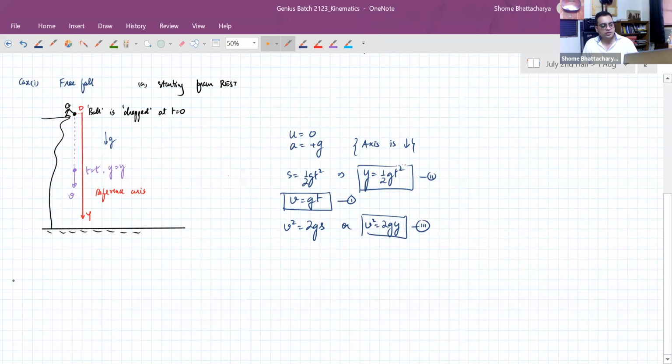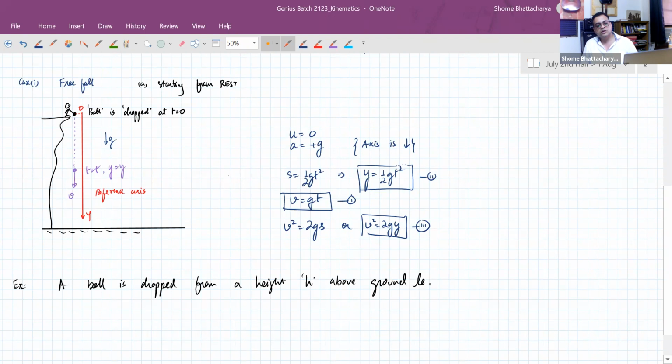Okay. So let's look at an example problem first. A ball is dropped from a height h above the ground level. It falls 45 meters in the last second of its motion before hitting the ground.